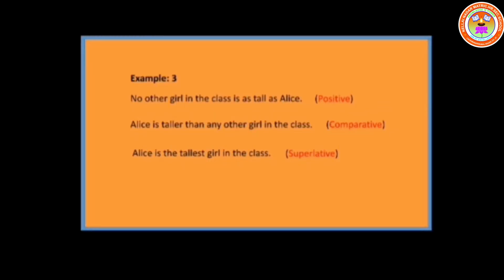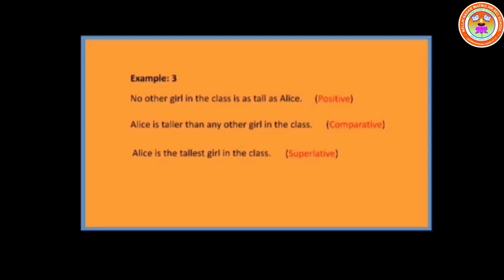No other girl in the class is as tall as Alice. Alice is taller than any other girl in the class. That is the comparative degree. And Alice is the tallest girl in the class. That is the superlative degree.